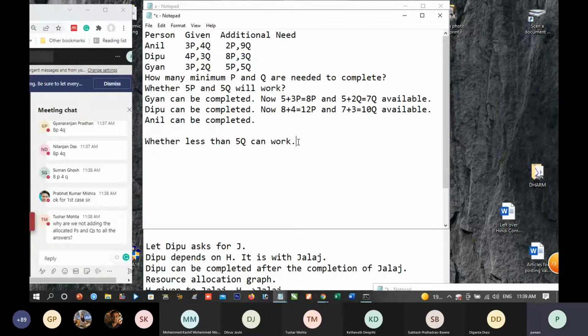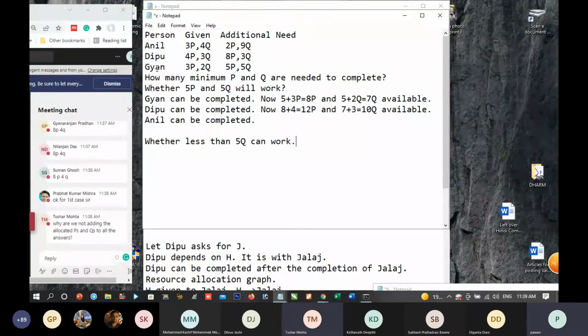Why aren't we adding the already given values of P and Q? See, after the completion of Gyan, was given 3P and 2Q, they will become free. We gave 5P and 5Q to Gyan, who was able to complete.